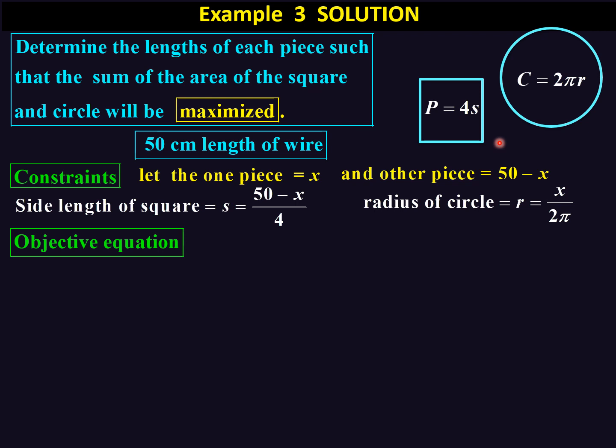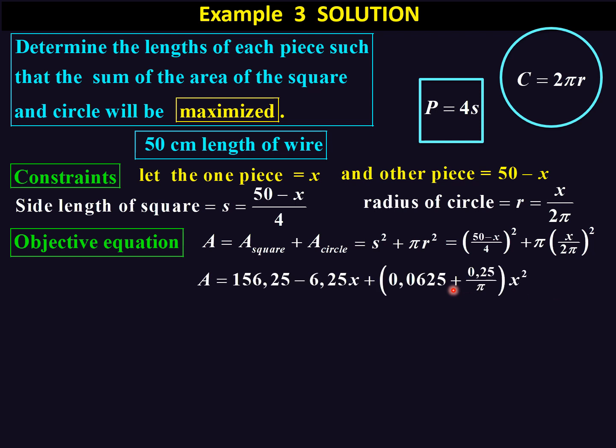What's our objective? The sum of the areas. What's the area of a square? In this case, side squared. And the area of a circle, pi r squared. These are formulas you must know. Then replace the s, replace the r, and expand that. There's not enough space here to do the expansion.